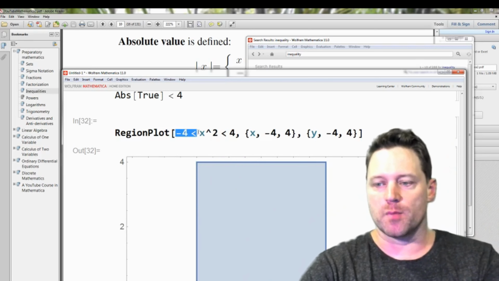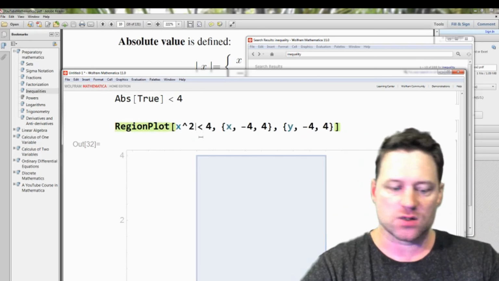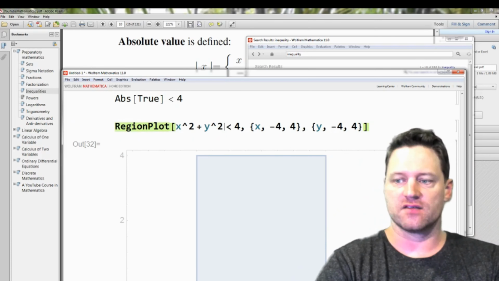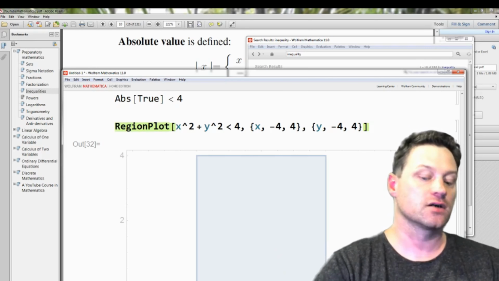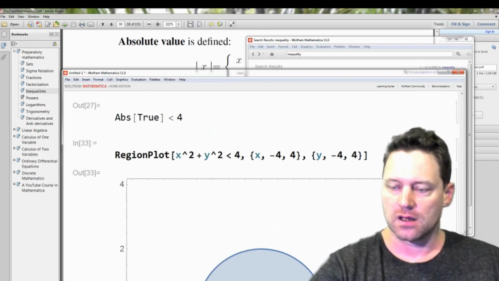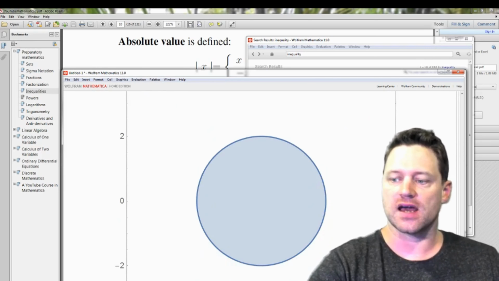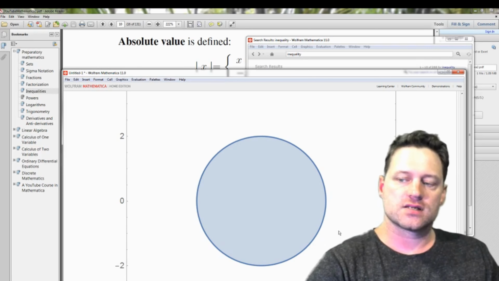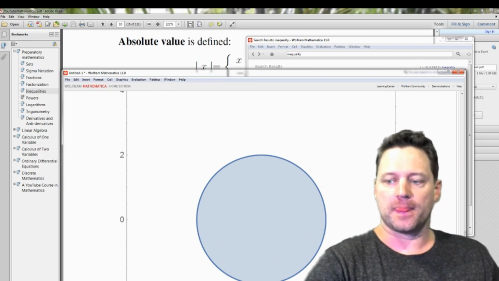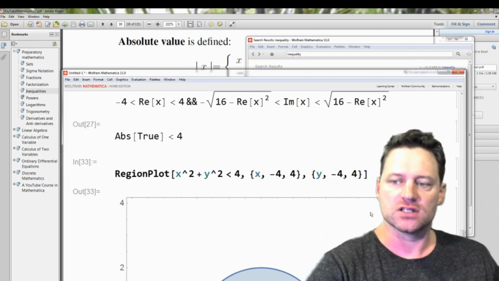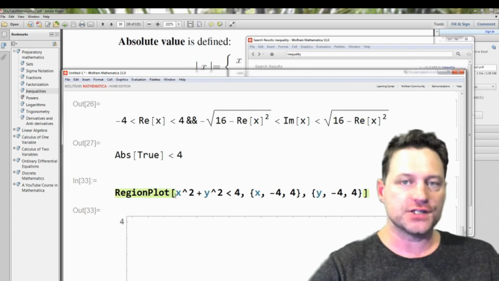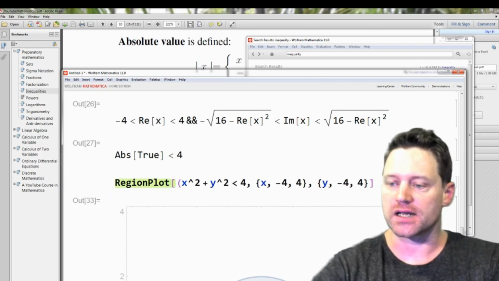Let's see if I can give you a better example. So x squared plus y squared less than 4. This should be the inside of the circle with radius 2. Yes, and it does do that. It shades in the circle. So this is a very useful built-in function for visualizing the solution to inequalities.